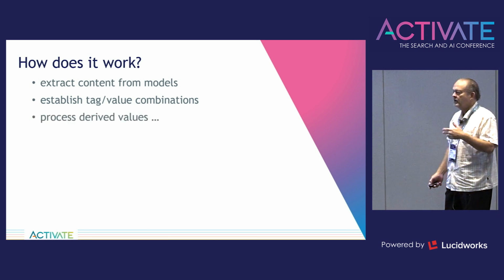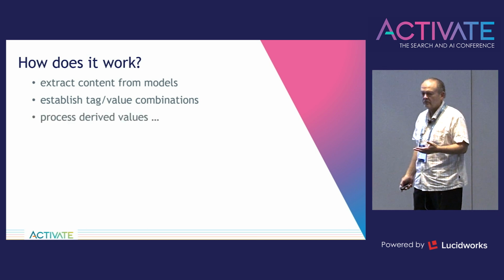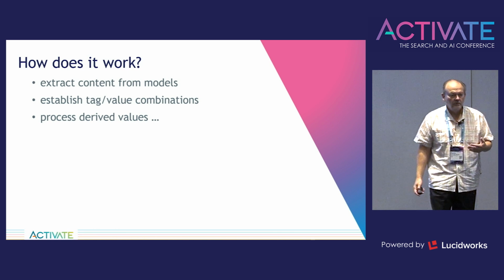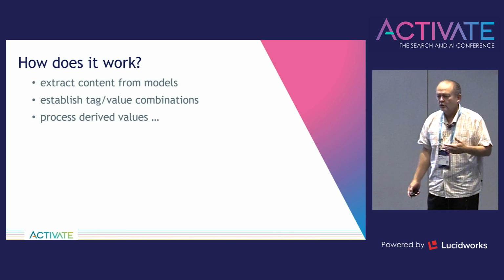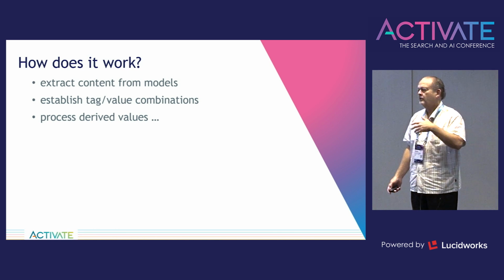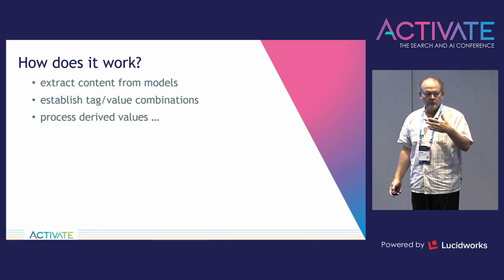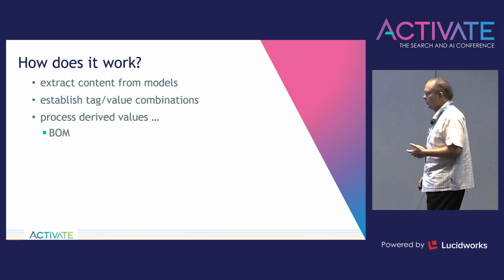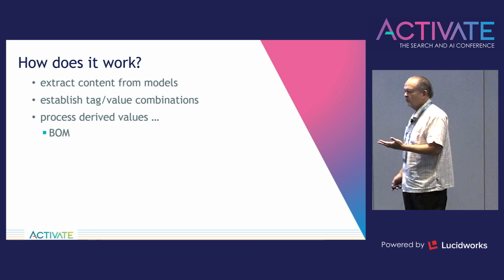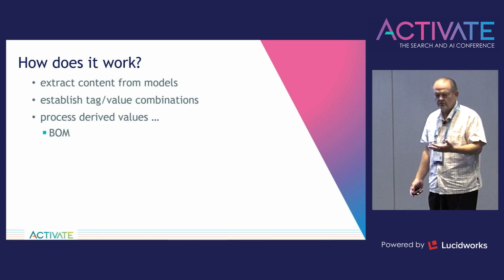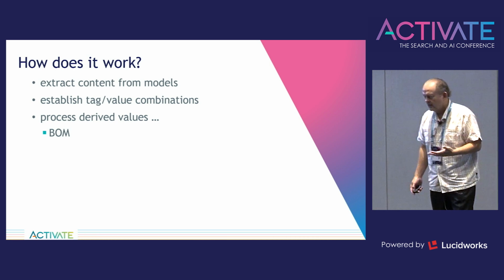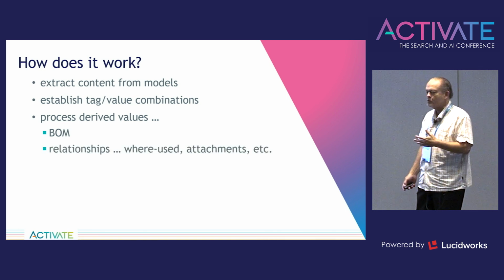And then we go into deriving the values, right? This is where probably the core part of what you would have to consider, if you're looking to do this. So I will now want to derive a BOM, a bill of materials, right? I want to derive a structure. I want to derive relationships.